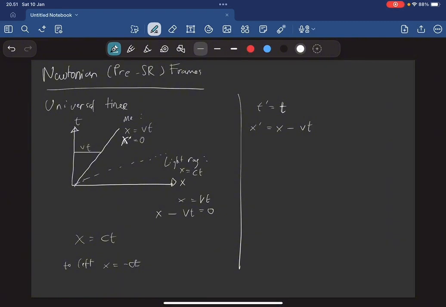It's easy to show. Let's say there is an event over here in the x reference frame. So this event will be x minus Vt in the x prime frame.